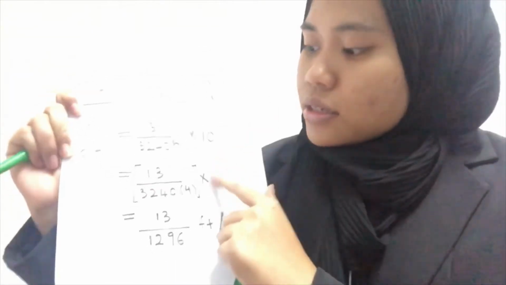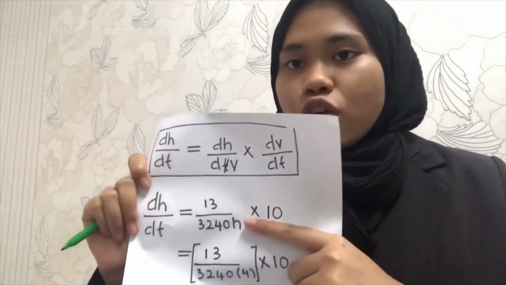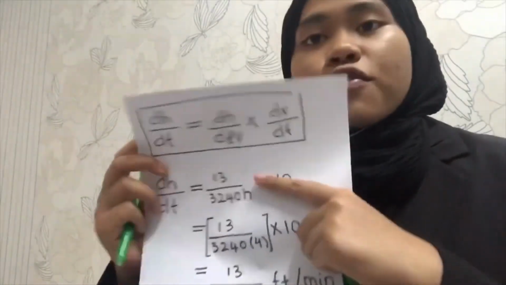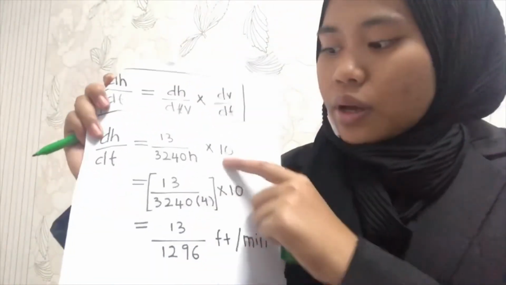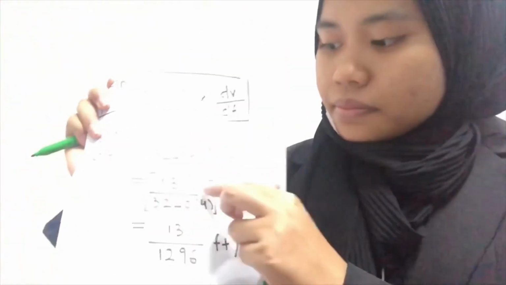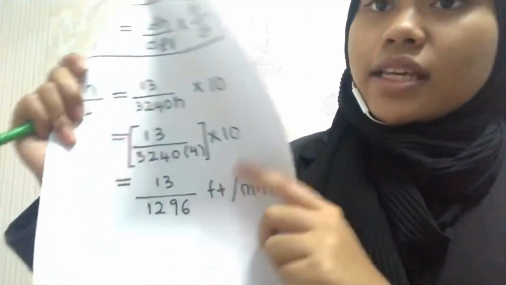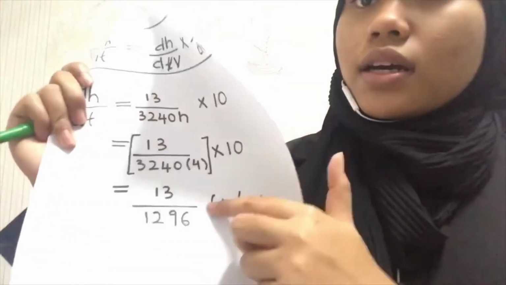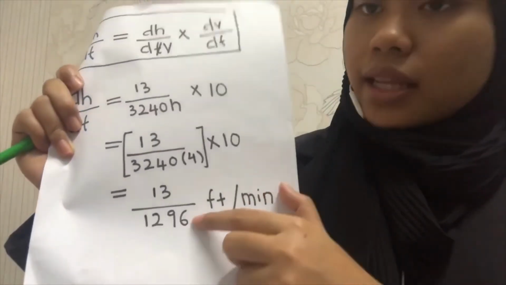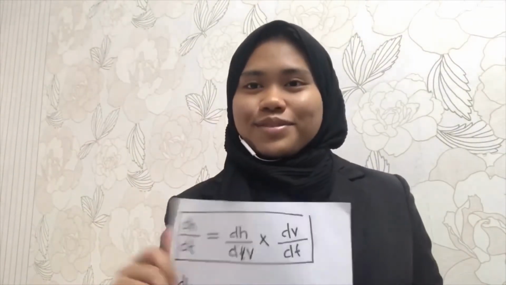Don't forget that we have a value of H. The value of H is 4. So we put 4 in here, and then we multiply it, and we get that dH/dt is equal to 13/1296 feet per minute. Okay, that's all. Thank you.